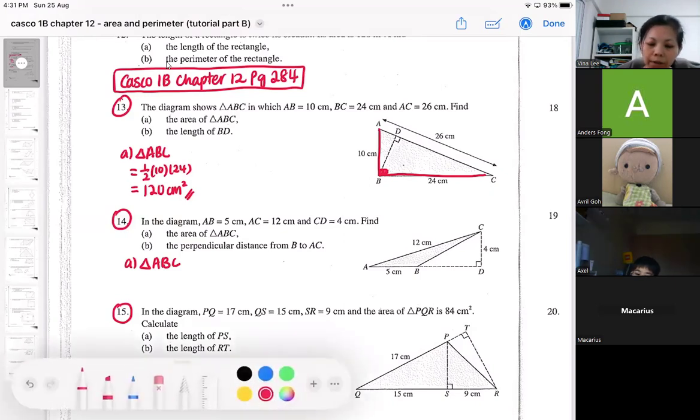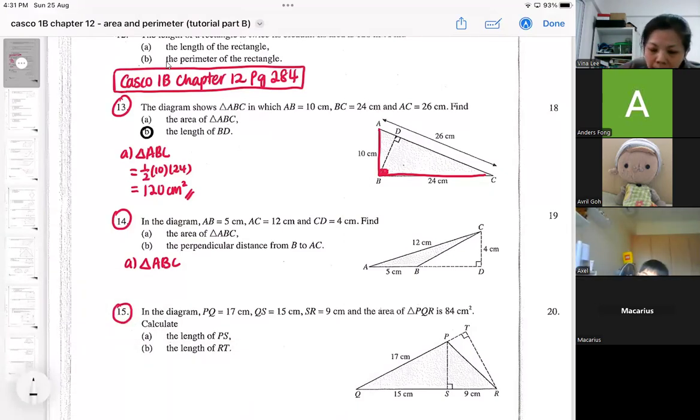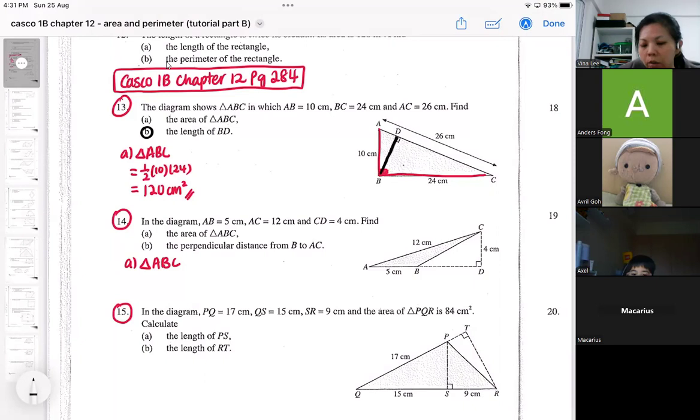Then the difficult part is actually on part B, because of the length of BD. A lot of people can be stuck. The method we are going to use here is another area, using another 90 degrees.